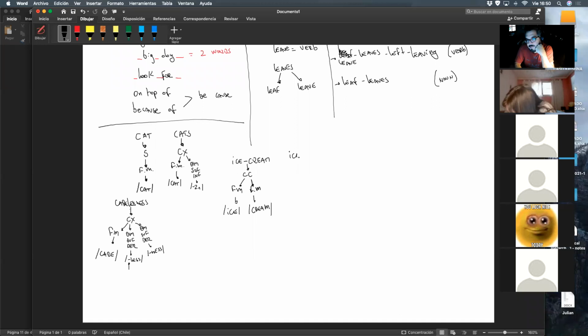Mientras que ice creams es complex compound porque está hecho del free morpheme ice, del free morpheme cream, and finally the bound morpheme suffix inflectional Z1.